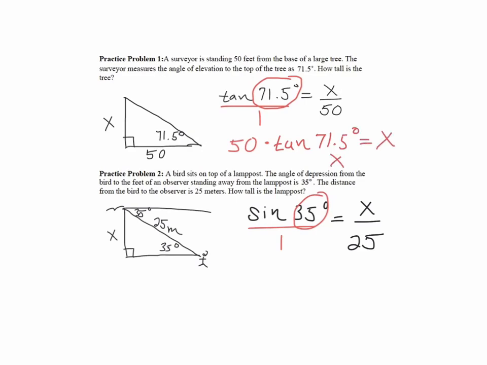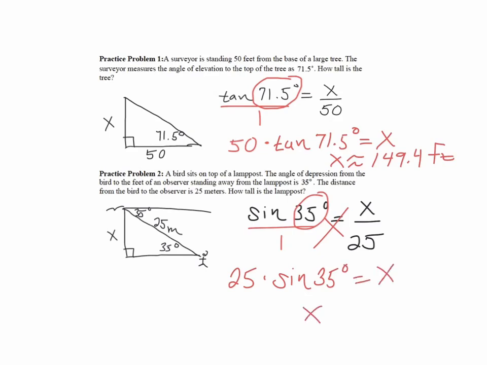So x for this one ended up being, it's a big tree, I got 149.4 feet. And then this guy here, again, doing my cross products, I have 25 times the sine of 35 degrees, and that's equal to x times 1, which is x. And when I keyed that in my calculator, I got about 14.3 meters.